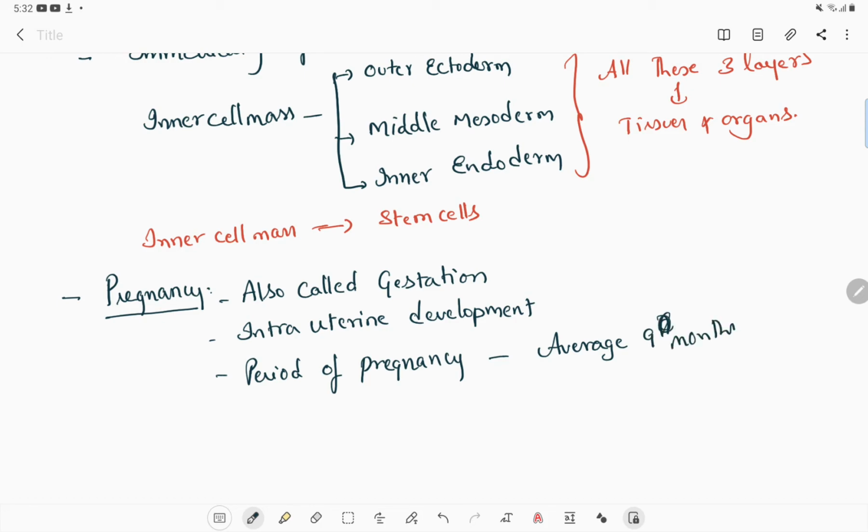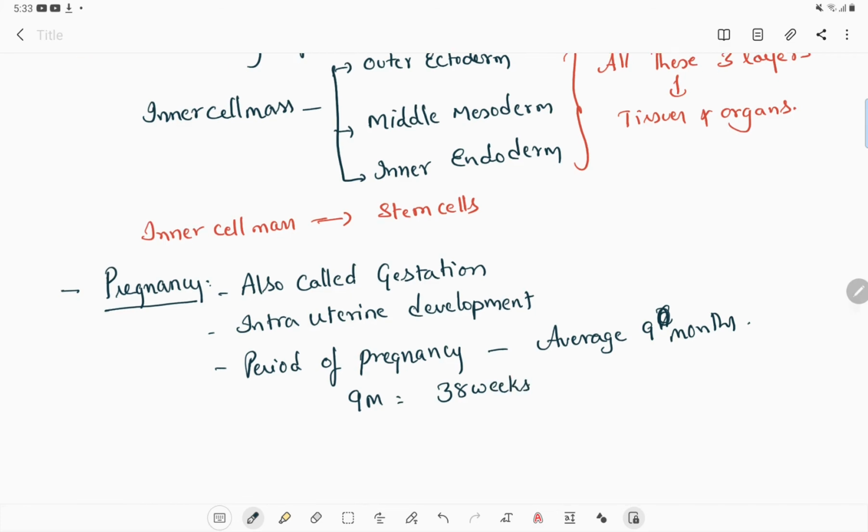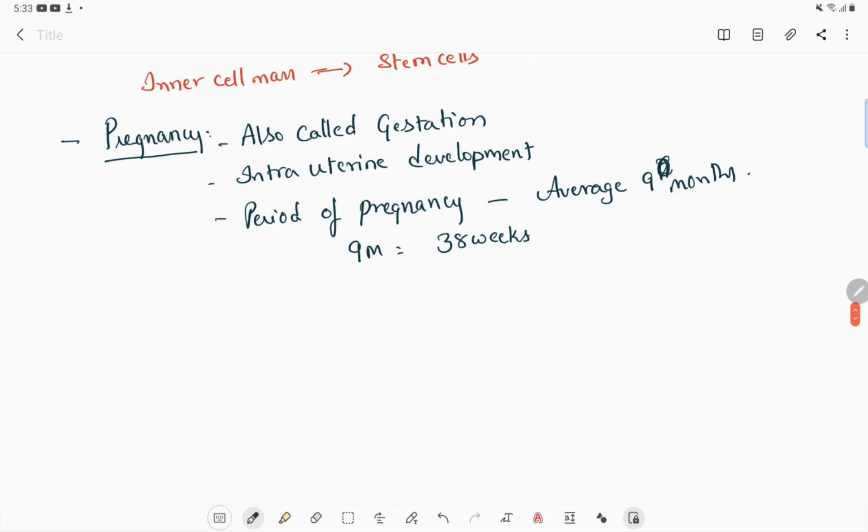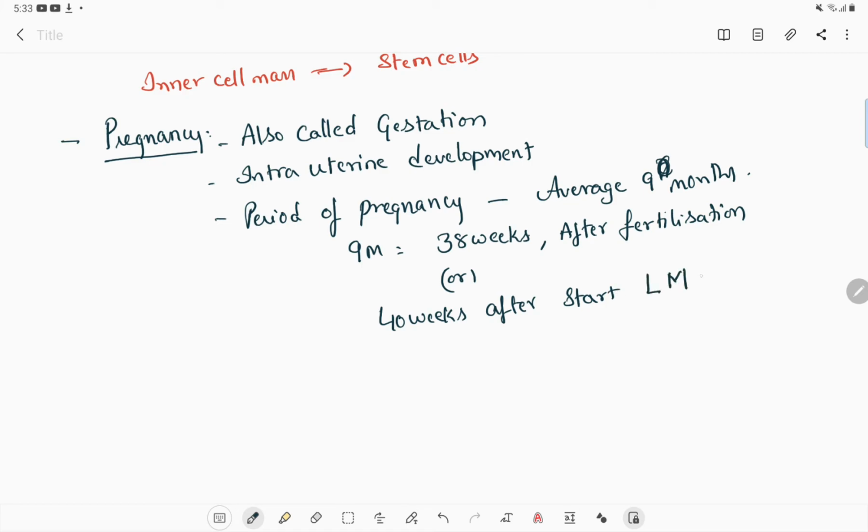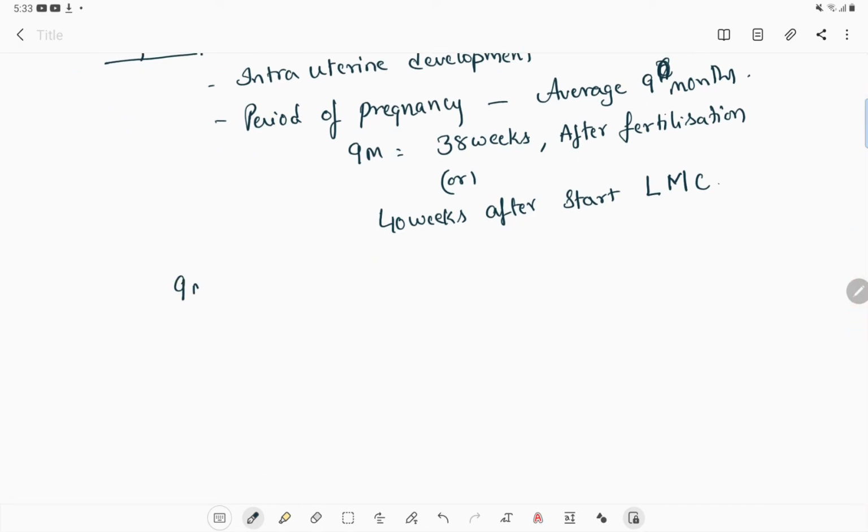So 9 months equals 38 weeks after fertilization, or 40 weeks after the start of the last menstrual cycle.